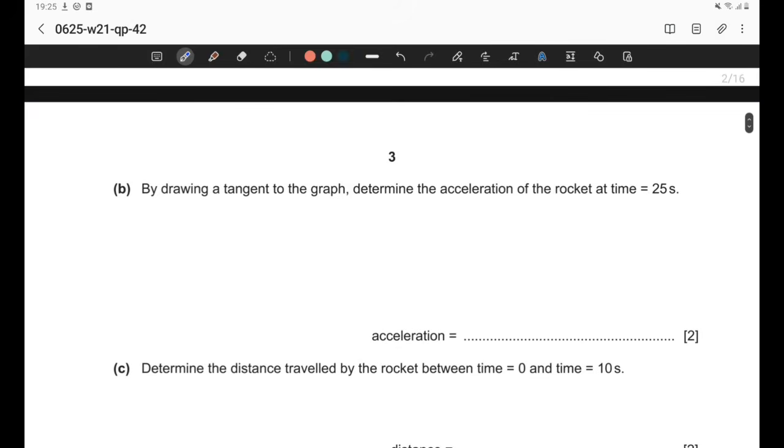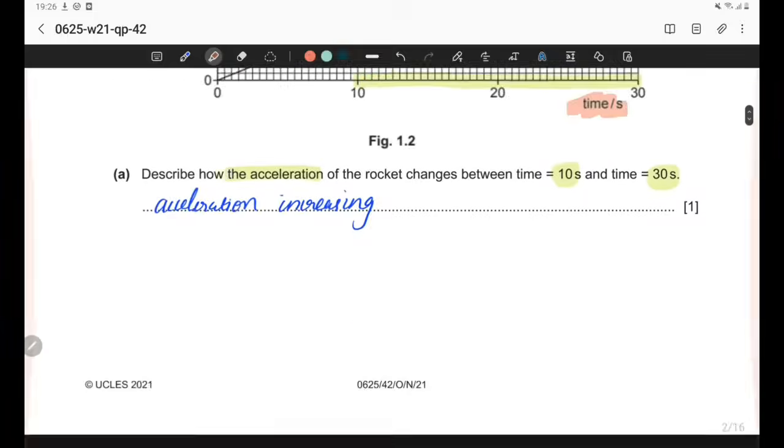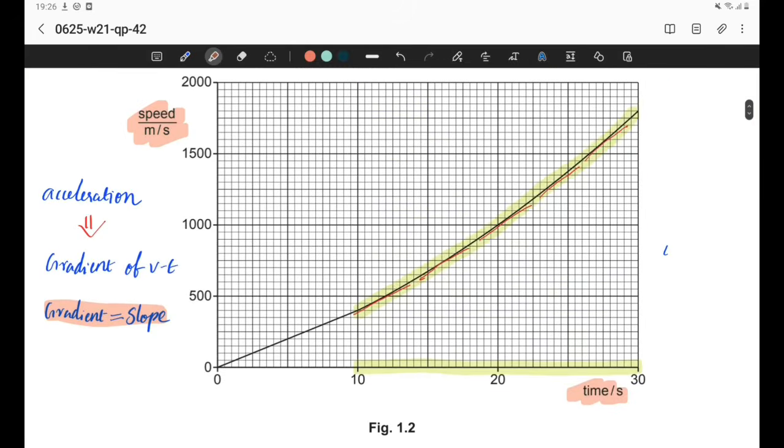Part B, by drawing a tangent to the graph, determine the acceleration of the rocket at time 25 seconds. So we have to draw a tangent when the time is 25 seconds in the given graph. Let's find out which point represents the time 25 seconds.